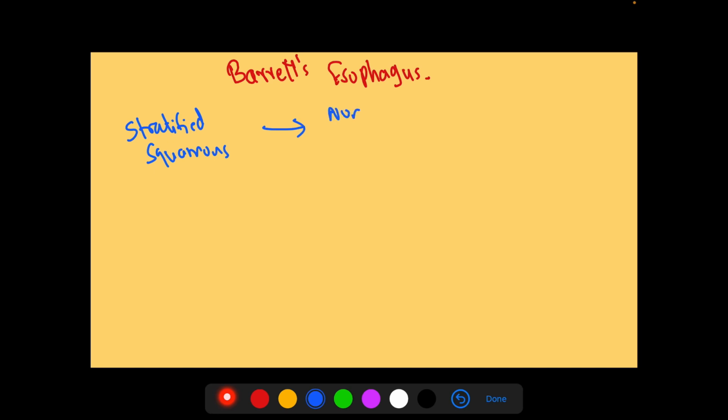Now, we'll see Barrett's esophagus. What is Barrett's esophagus? It is a metaplasia of normal squamous esophageal epithelium to intestinal columnar epithelium. So it is from stratified squamous to non-ciliated columnar epithelium.